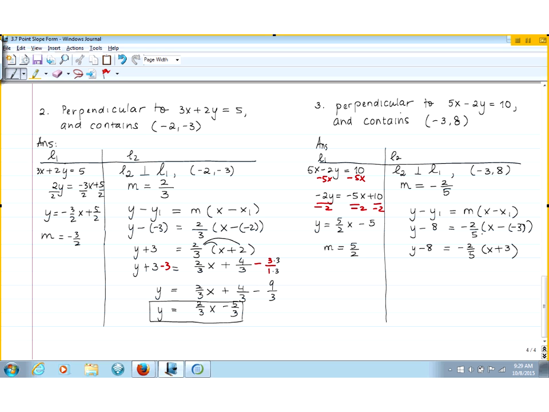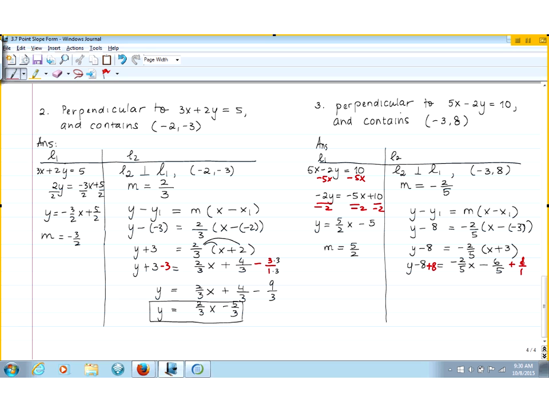Now, how do I solve for y here? We distribute first. So y minus 8 is equal to negative 2 over 5x. And then what happens here? Minus 6 over 5. All right, almost done. You add 8 to both sides.